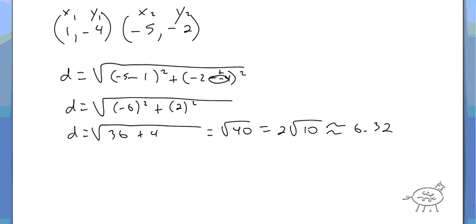Okay? All right, let's try a few more here. Coordinates are 5, comma, negative 2, and 3, comma, 0. Okay, so x1, y1, x2, y2.